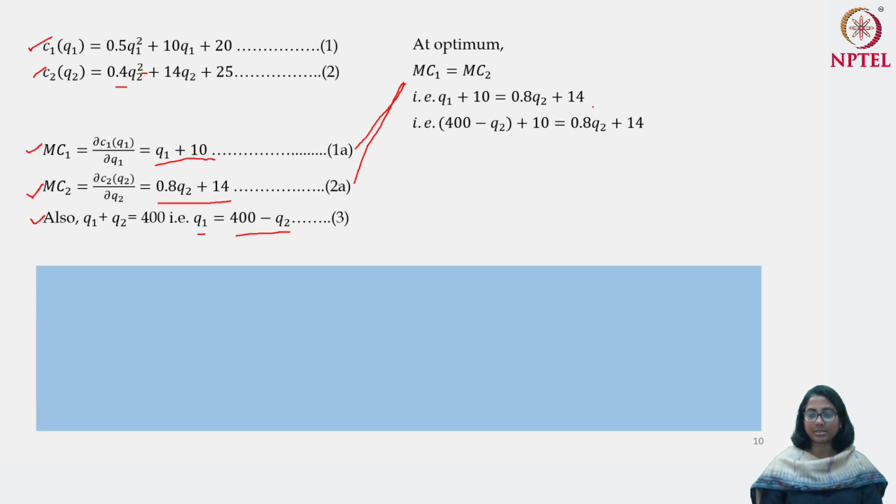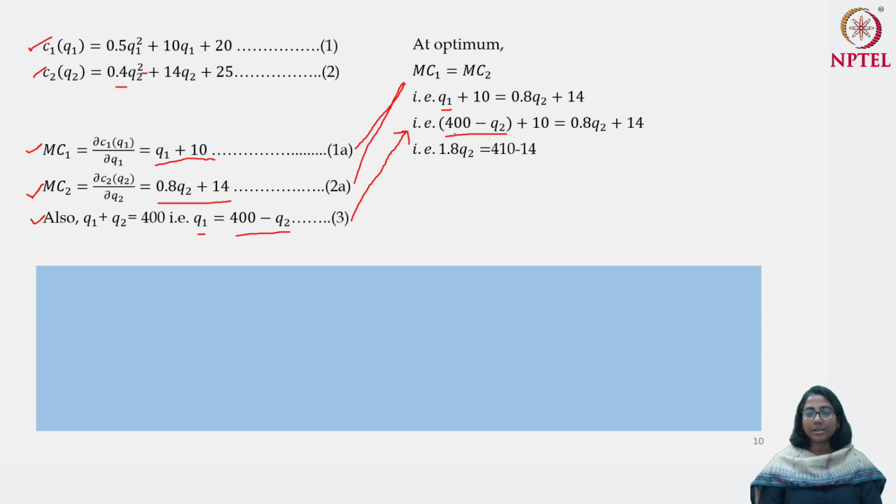This is the relationship between Q1 and Q2. Now I am plugging in the relationship Q1 equal to 400 minus Q2. So instead of Q1, I write 400 minus Q2 plus 10 equal to 0.8 Q2 plus 14.